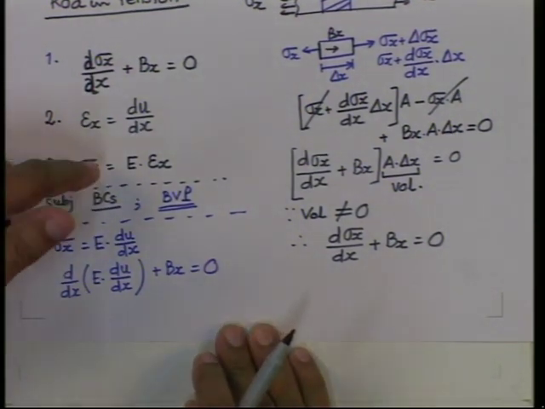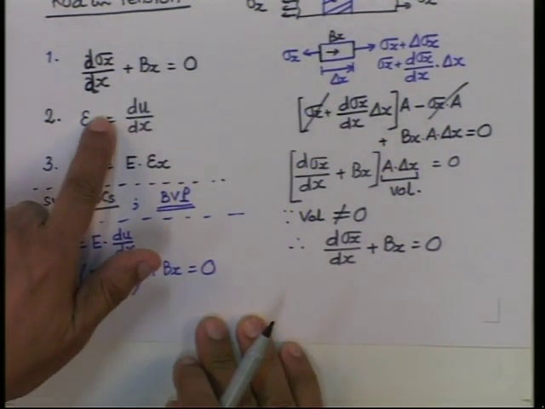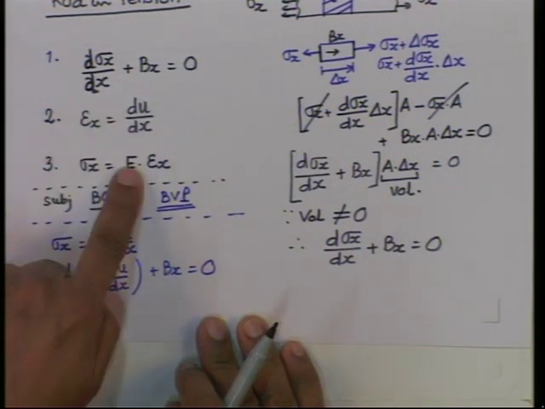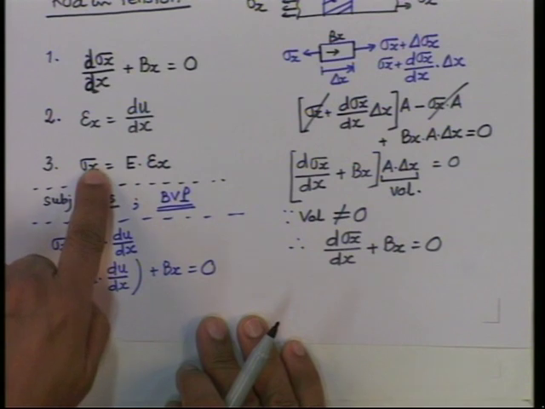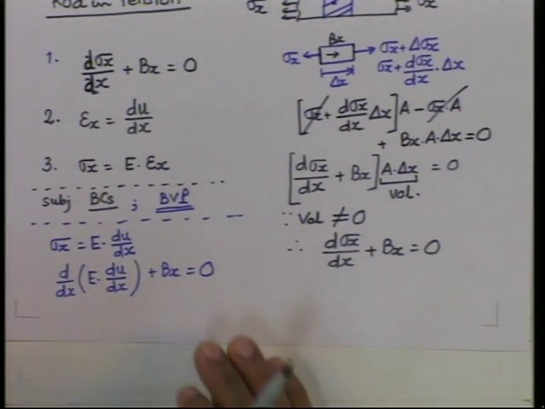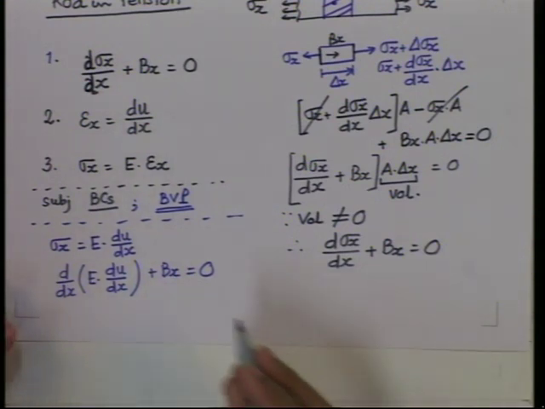So I have made use of all three: I substituted into 2, then 2 into 3, then the value of sigma x over here. Now I have made use of everything and I have got my equation.